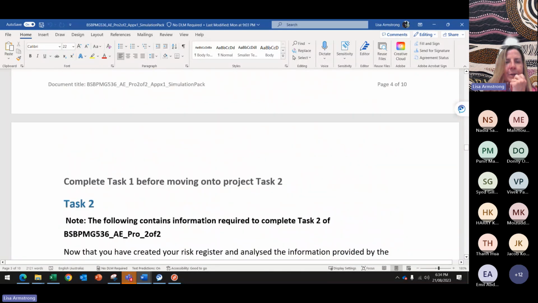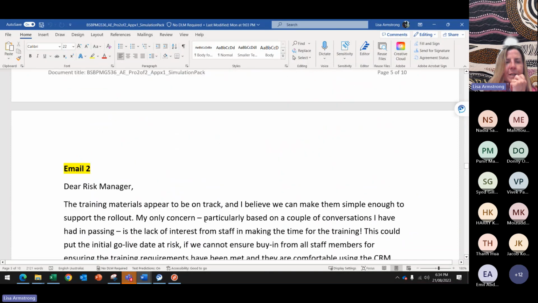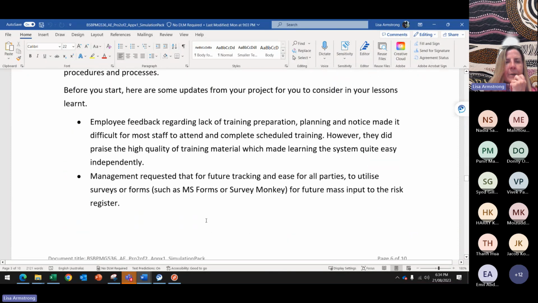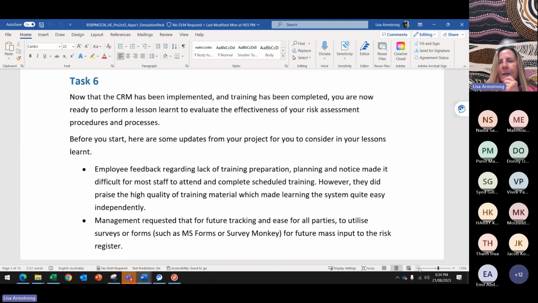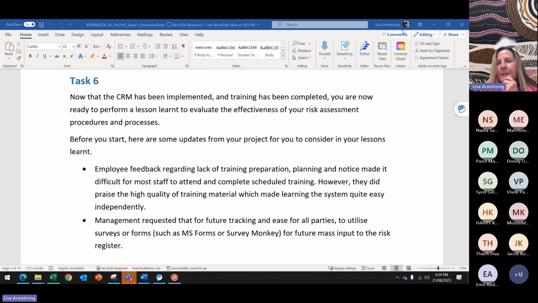Now we've got task 6, we've done the email. Great. Okay, here we go, task 6. This is our script or our update in our simulation, telling us a few of the issues from our project, which hopefully can give you some insight into our lessons learned.